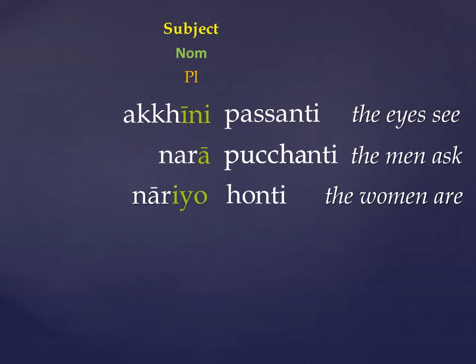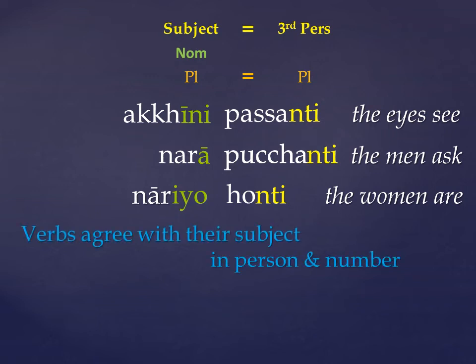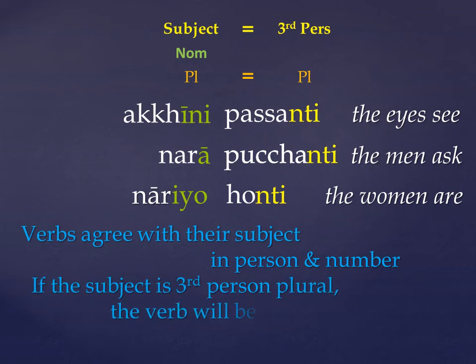And in the same way, the verbs also must take the plural endings because they must match their subjects in both person and number. So when we say that a verb agrees with its subject in person and number, what we mean is if the subject is third person and in the plural, then the verb ending must also be third person plural.